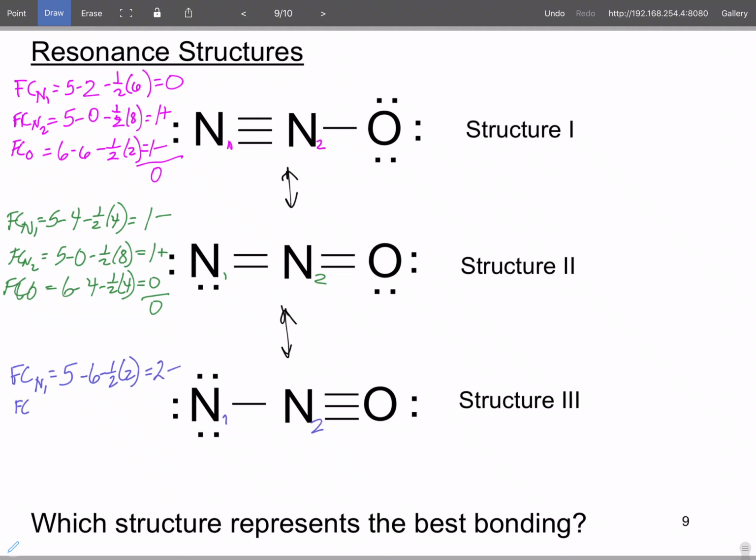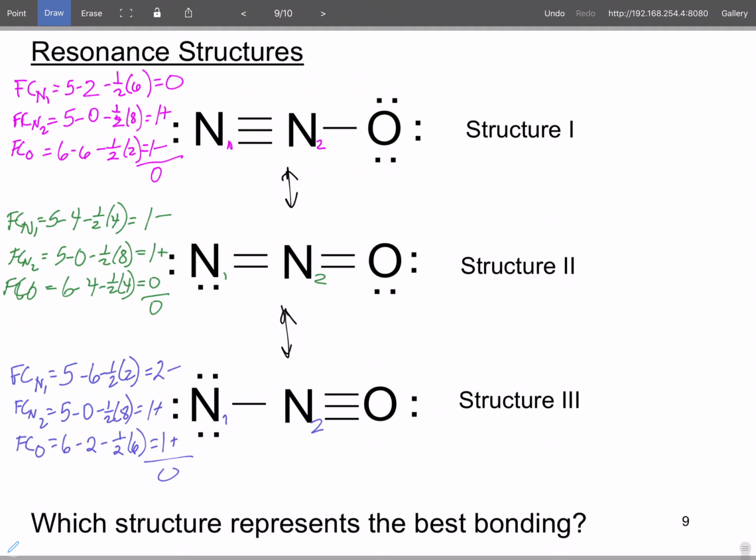Formal charge of N2 is equal to 5 minus 0 minus 1/2 of 8, which is 1 plus. And the formal charge of oxygen, 6 minus 2 minus 1/2 times 6, which is 1 plus. Yep, equals 0.